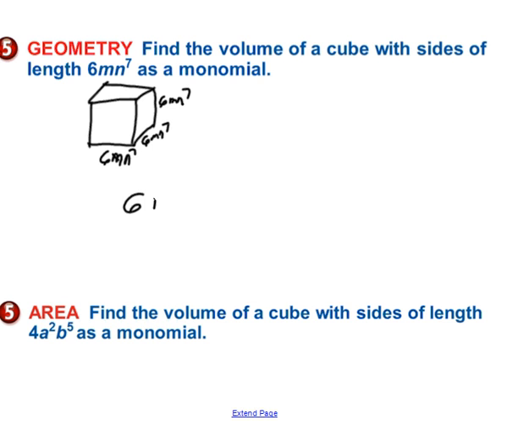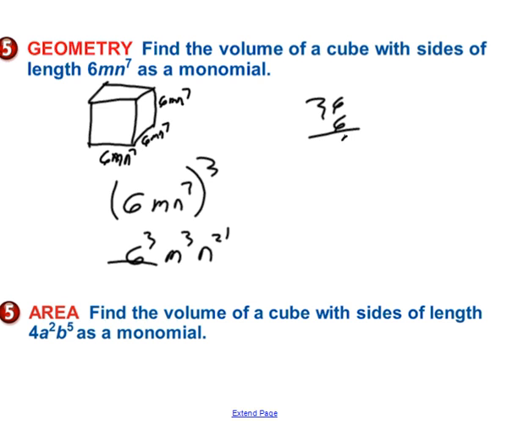So it's 6mn to the 7th cubed, times itself 3 times. As I break that down, 6 cubed, m cubed, 3 times 1, and n, 7 times 3, which is 21. Well, 6 cubed, 6 times 6 is 36, 36 times 6 is 216. So it'd be 216 m cubed n to the 21st.